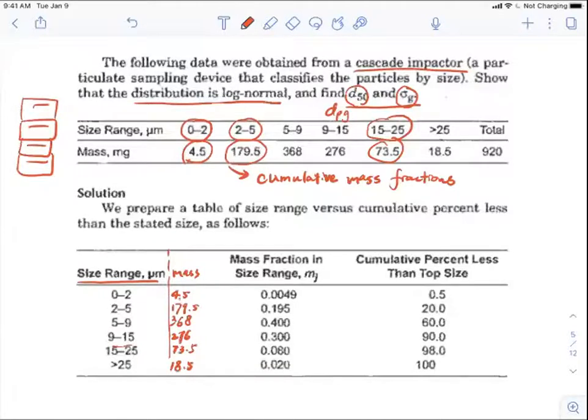These are the mass values that we collected onto different stages. Then we can calculate the mass fraction in this size range. The way we calculate this fraction is just to divide this value by the total mass, 920.